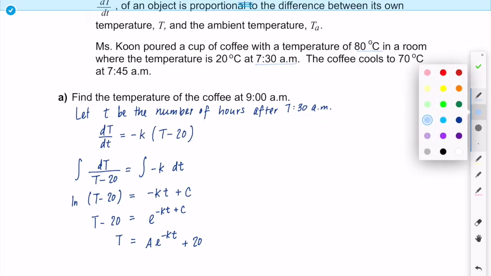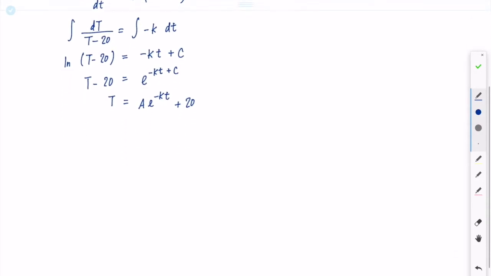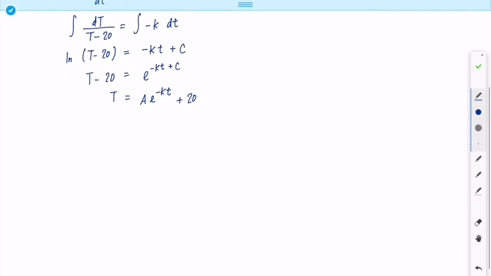And then the coffee cools to 70 degrees Celsius at 7:45 a.m., meaning that I actually have two data points to work with. I will start with the first one, 0 and 80. I have 80 equals A times e to the power of 0 plus 20, meaning that A is equal to 60.